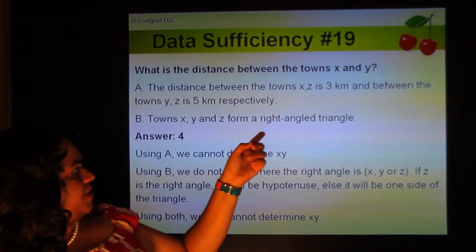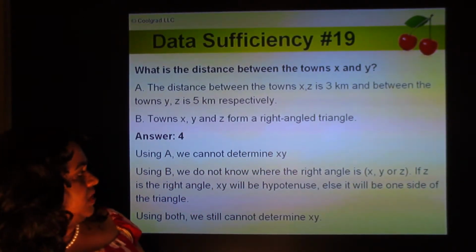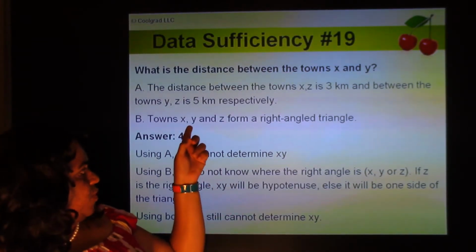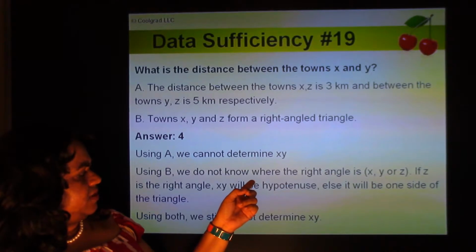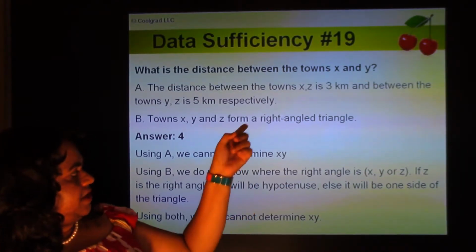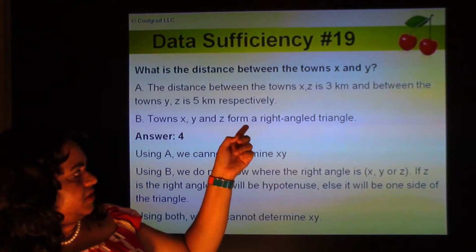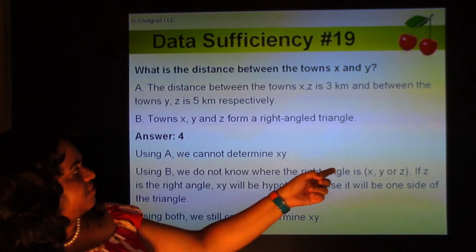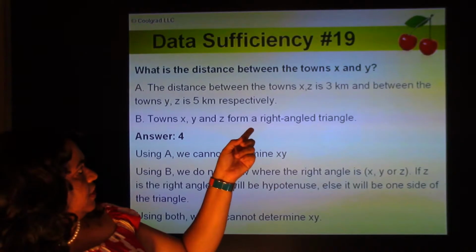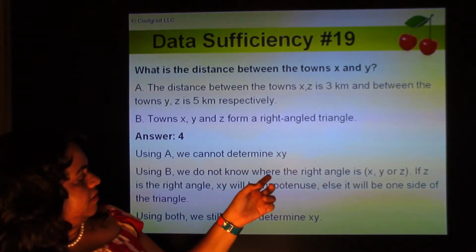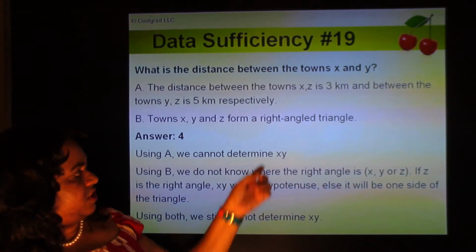So X, Y and Z form a right angle triangle. But we still don't know which is the right angle. So if Y is the right angle, then we have X here, Y here and Z here. So XZ is 5 and then YZ is 3, but we still don't know that.